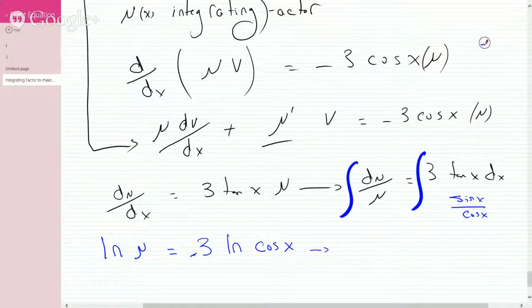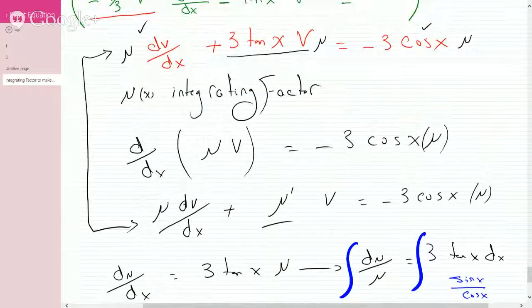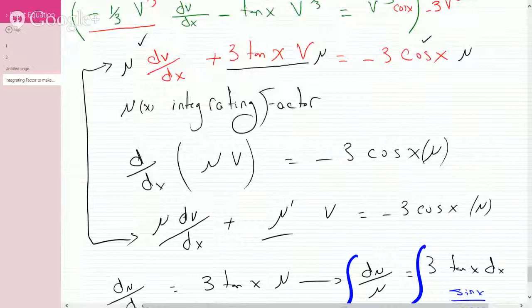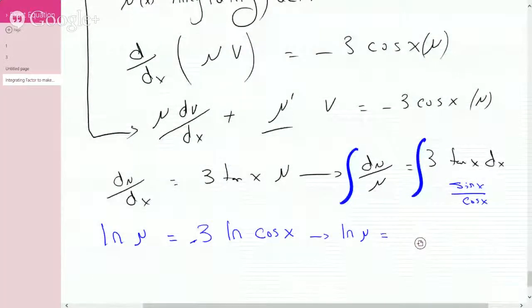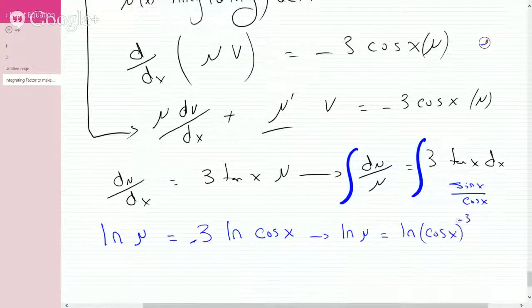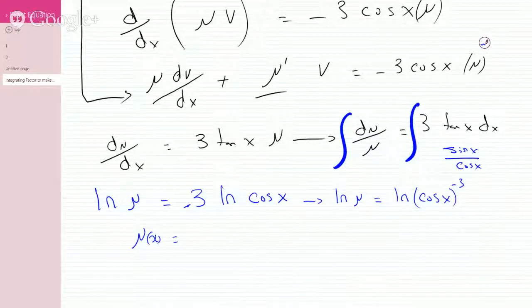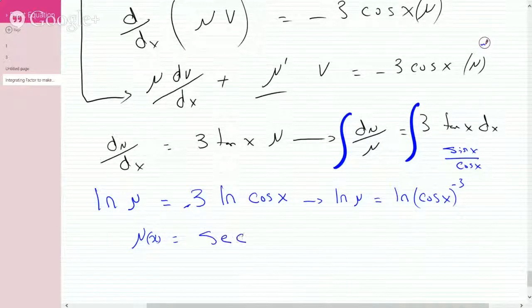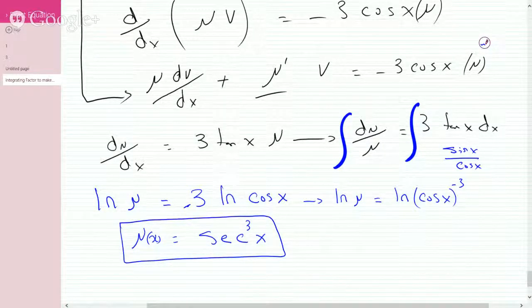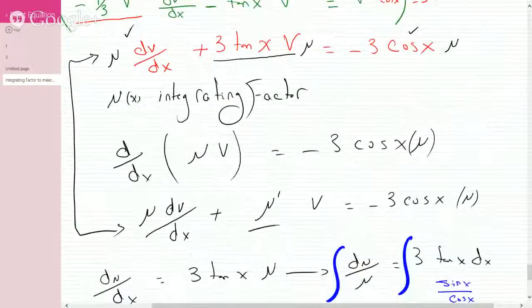So that means ln mu will equal ln cosine x to the minus 3. So that just means that mu of x will equal cosine x to the minus 3, which is the same thing as 1 over cosine cube x, which is the same thing as secant cube x. So our integrating factor is secant cube x.